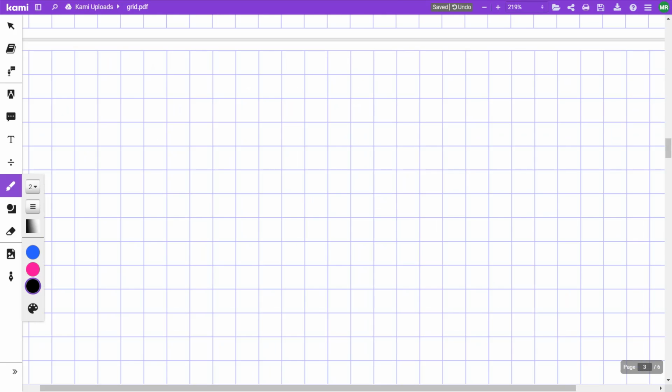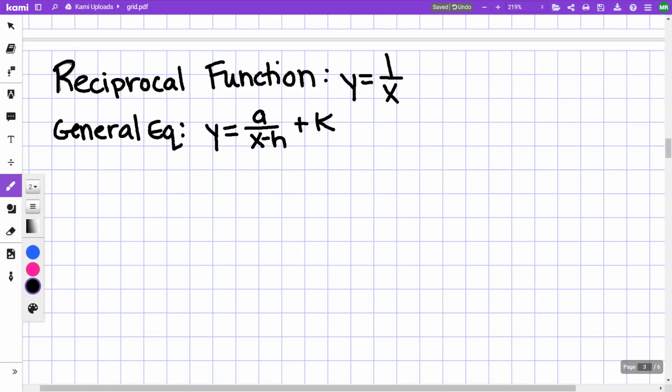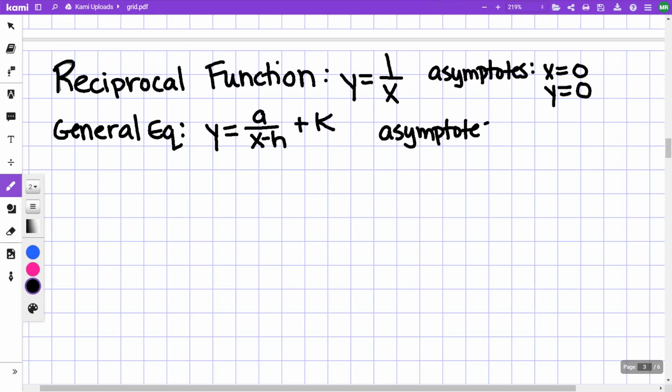Now, what's going to happen is these are going to have 2 asymptotes. So the original one, y equals 1 over x, has 2 asymptotes. The asymptotes are the x-axis and the y-axis. I'm going to have x equals 0, and I'm going to have y equals 0. For this general equation, I'm also going to have 2 asymptotes.